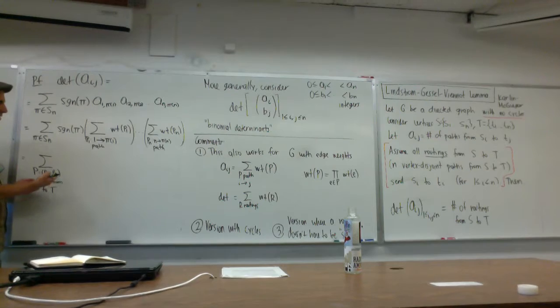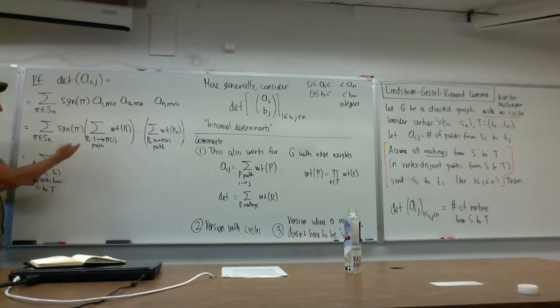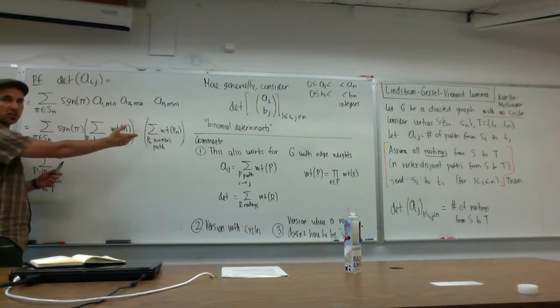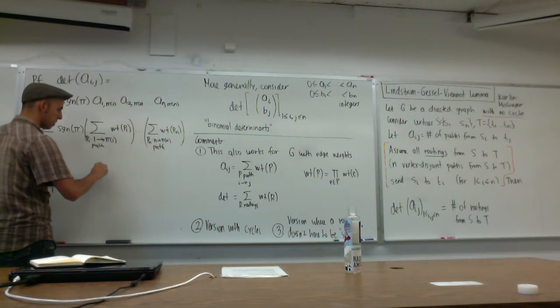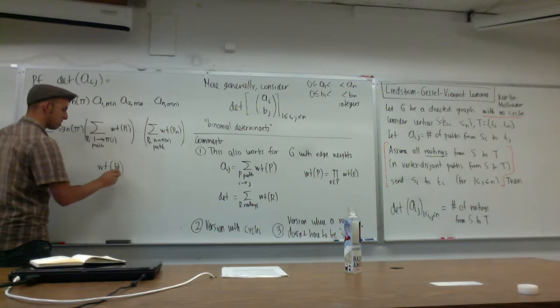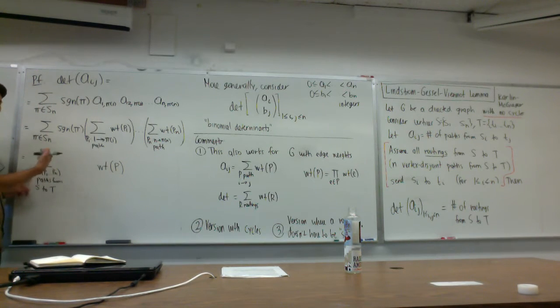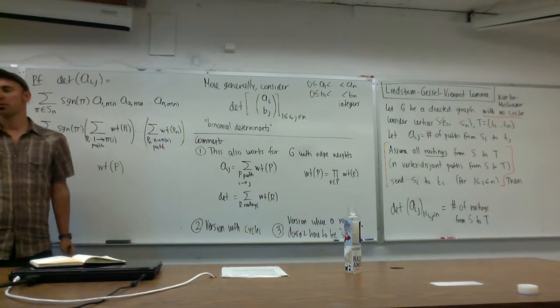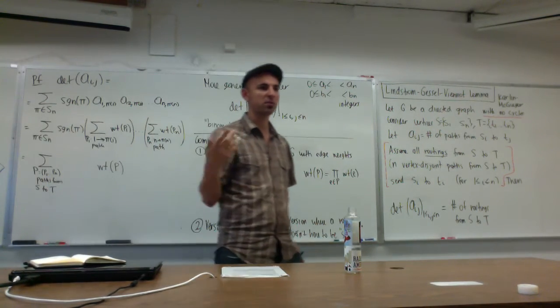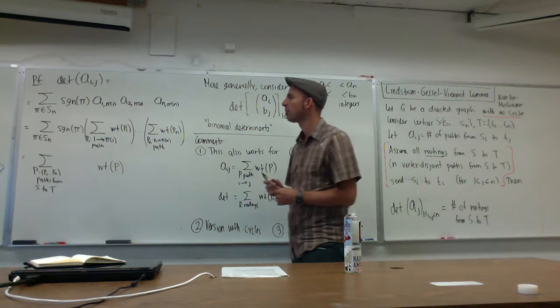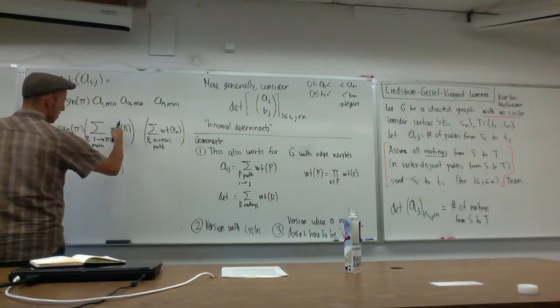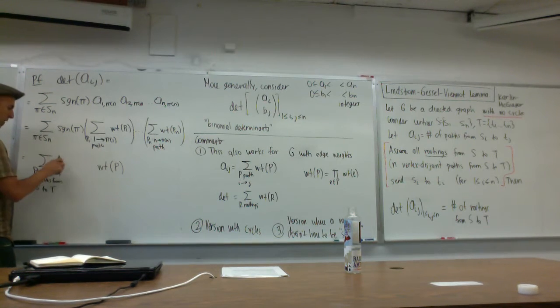The point is that here I'm just multiplying all the weights of these different paths. Let me define the weight of P to be the product of the weights of the paths. That's again what we were doing in this example naturally: multiplying weights of paths, and that became the weight of a collection of paths. This product gives me this weight, but now I can't forget about the sign.